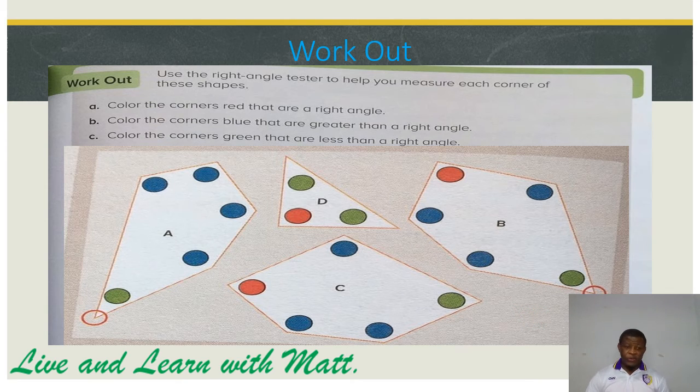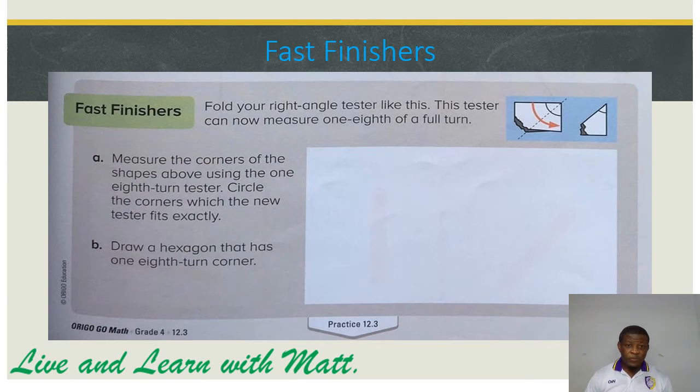Now let's go to the fast finishers. Now fold your right angle tester like this. This tester can now measure 1/8 of a full turn. So we fold it. This is your tester.